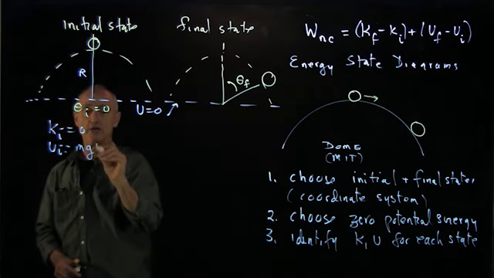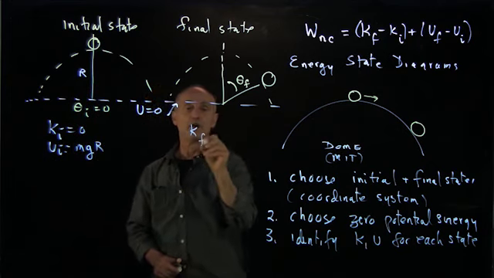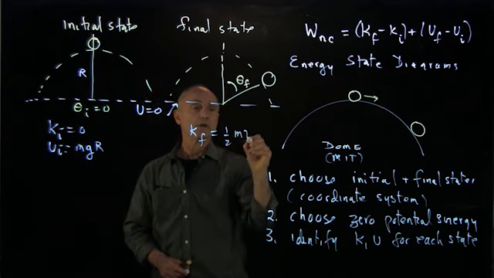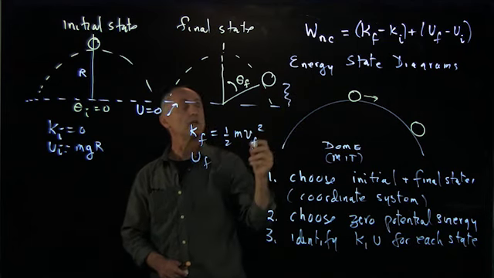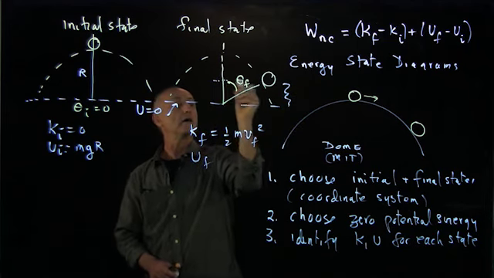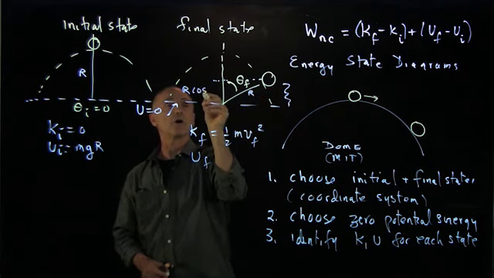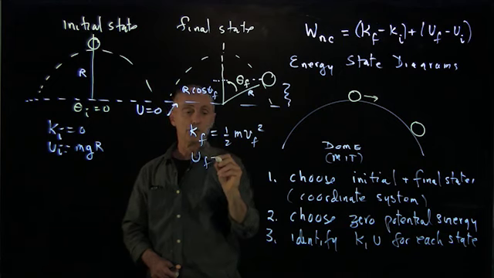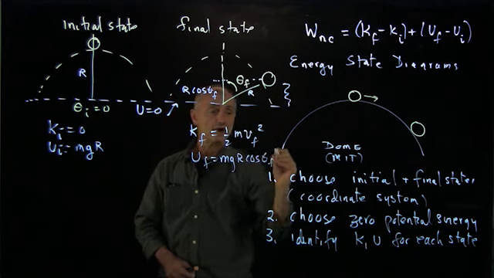So in this particular case, mg times R. Now over here, K final is 1/2 m v final squared. And U final, we can denote it here. If I plot this out, and that's R, then you can see that this is R cosine theta final. So that's mg R cosine theta final.